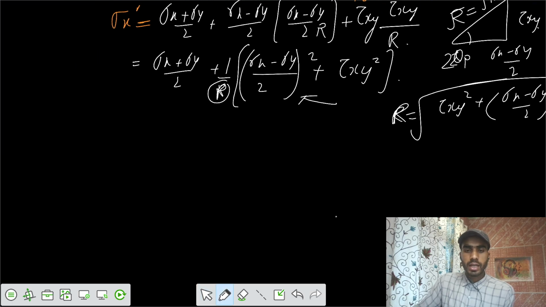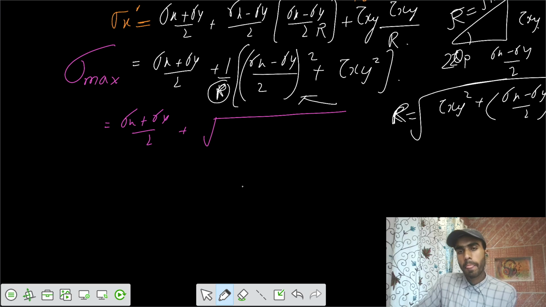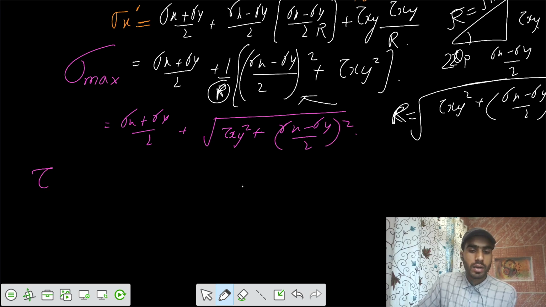So we can call sigma x dash sigma max. So we have sigma x plus sigma y by 2 plus root of r, that is, root of tau xy whole squared plus sigma x minus sigma y by 2 whole squared. This maximum principal stress we name sigma 1.